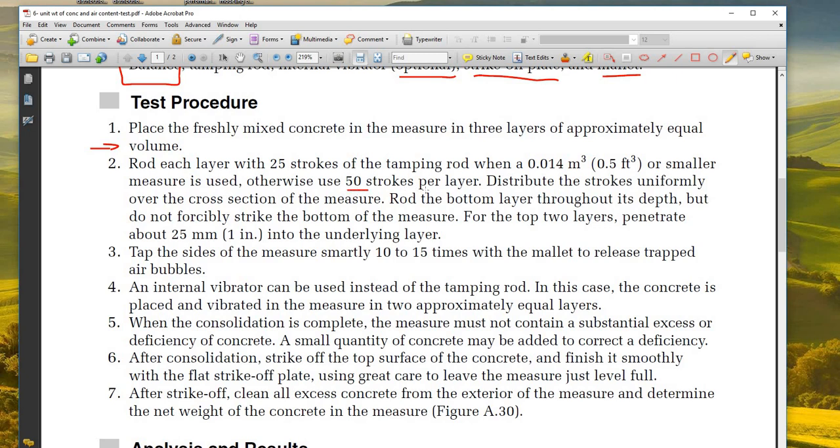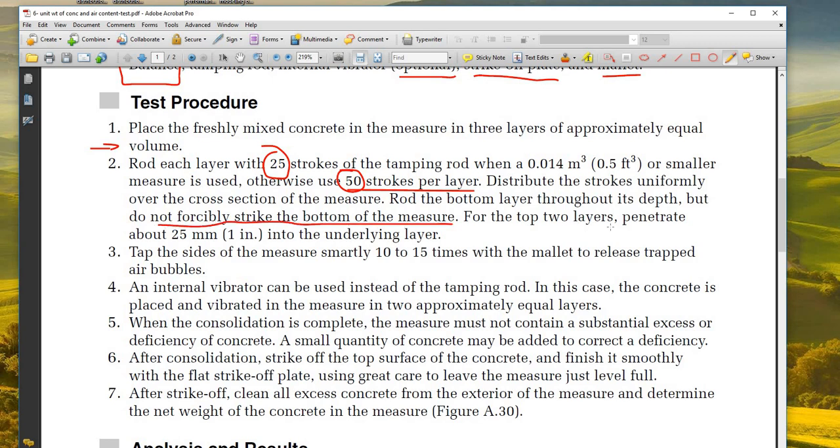Otherwise, use 50 strokes per layer. So we have 2 options here, 25 or 50. Distribute the strokes uniformly over the cross section of the measure. Rod the bottom layer throughout its depth, but do not forcibly strike the bottom of the measure. This is important.